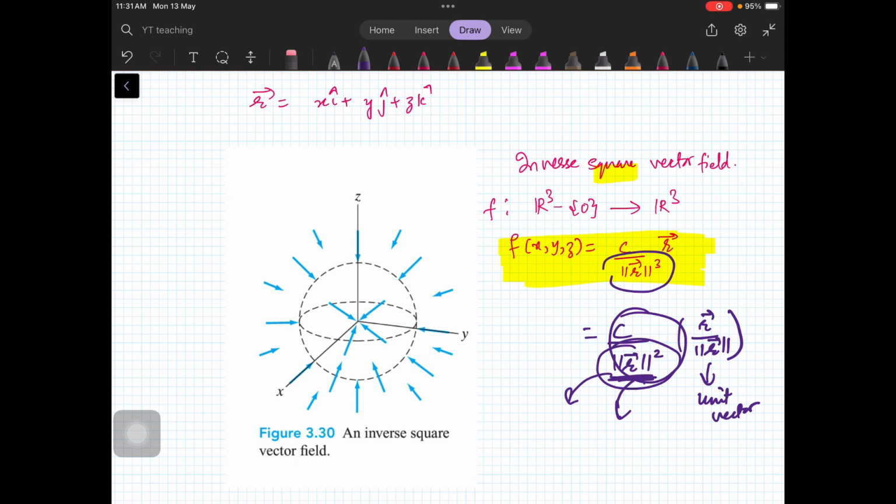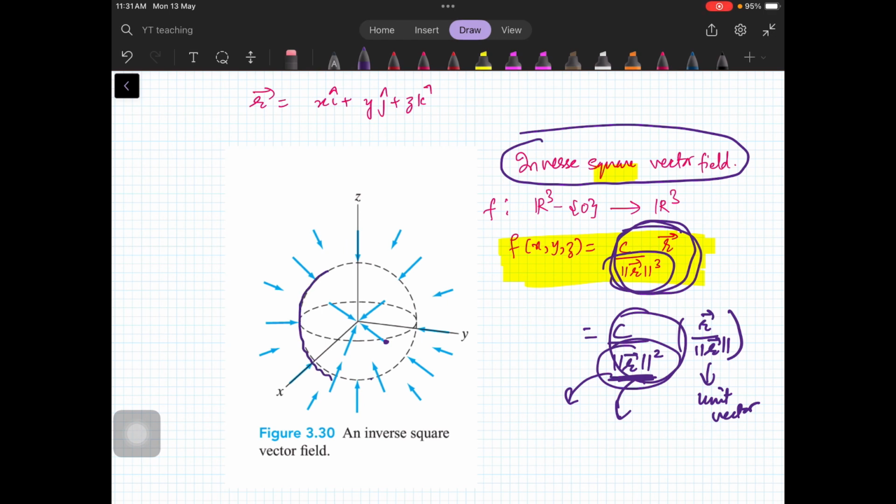So your field is inversely proportional to the square of that magnitude. That is why it is called inverse square vector field. Does that make sense? And if you try to draw it, you have to just see that this is a function of r only. So if you are on a constant r, the magnitudes are going to be the same. Depending on the position vector, obviously, the direction will change.